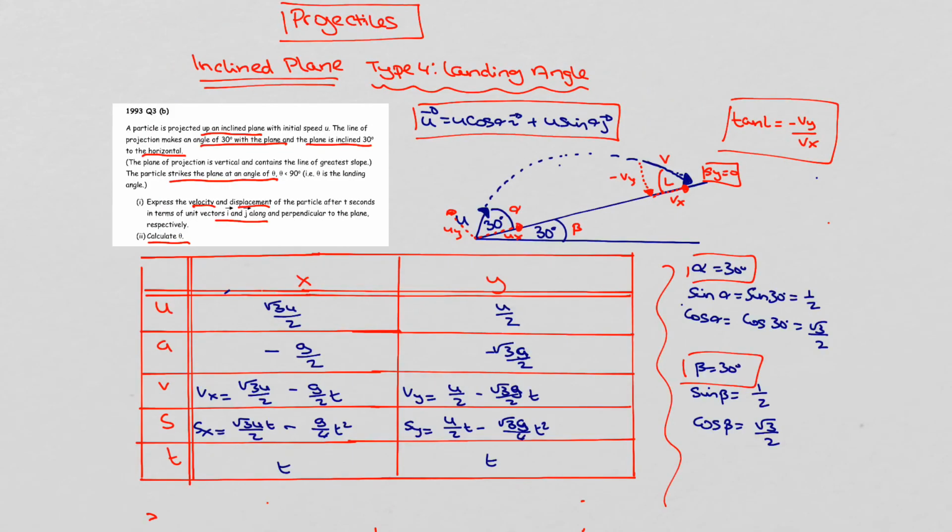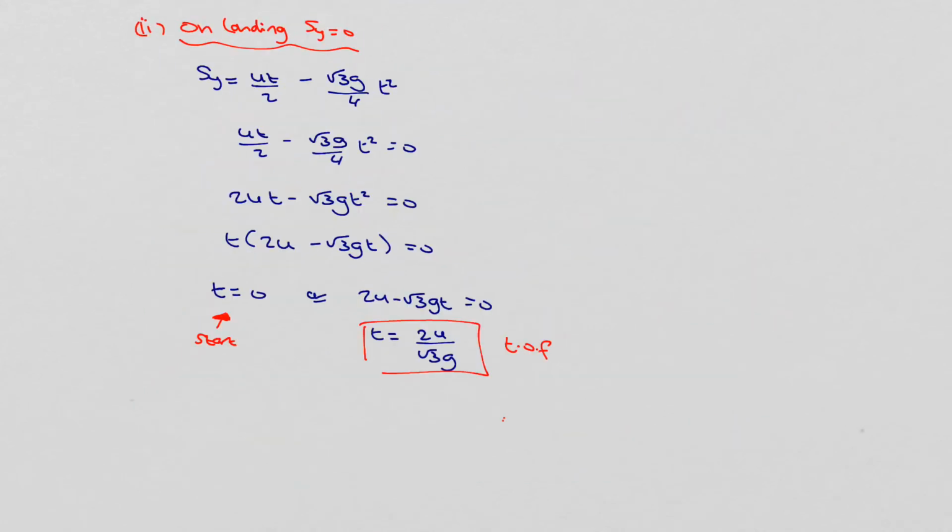So tan of my landing angle I know is equal to minus Vy over Vx on landing, at the time of flight. So again, you can work out your Vy and your Vx separately, or you can do them all in one go. I'm going to do it separately for you there. If I go back, we can see that Vy was u over 2 minus root 3g over 2 times t, where t is our time of flight, 2u over root 3g.